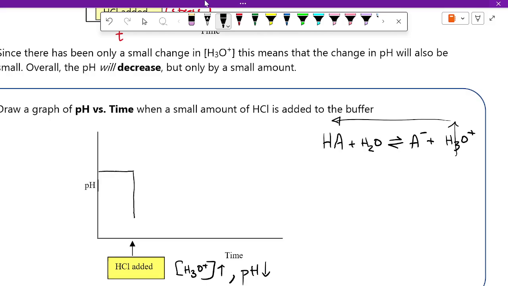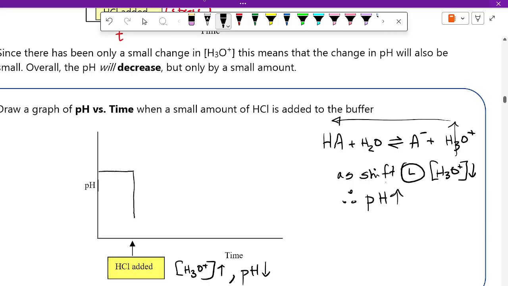And as we shift to the left, what's going to happen to the H3O+? And therefore, what happens to our pH? The pH increases. So it's going to go up, nice curve. Where should it end? Close to the original, but not quite.